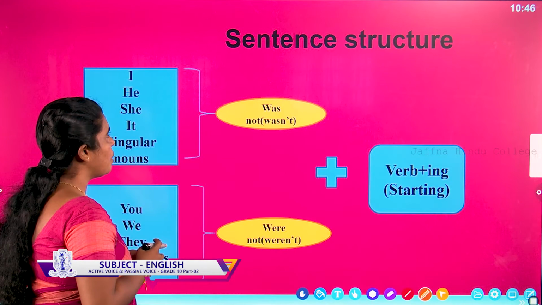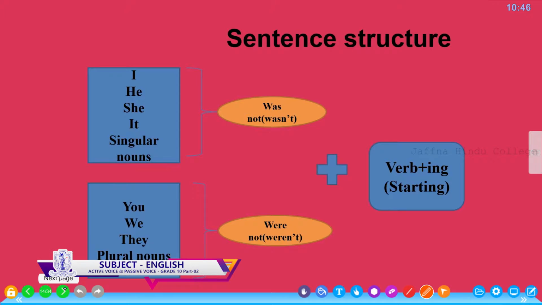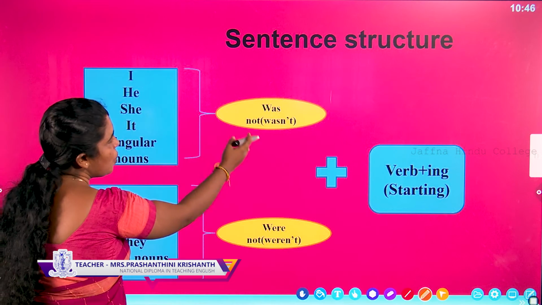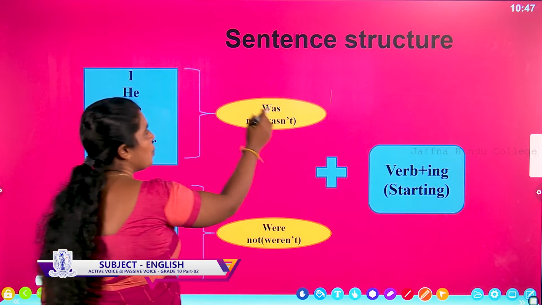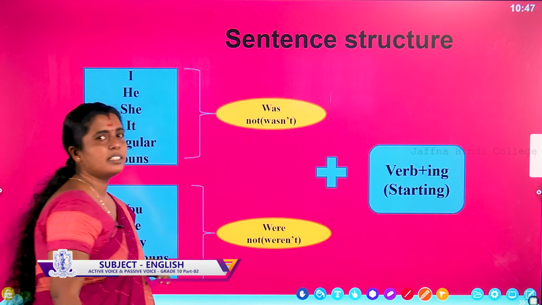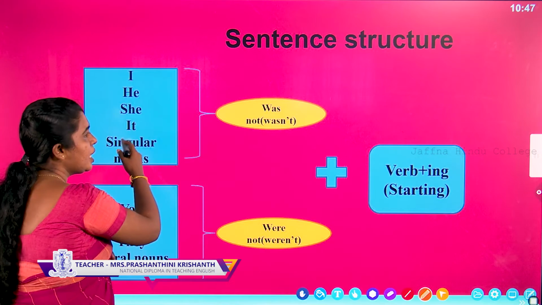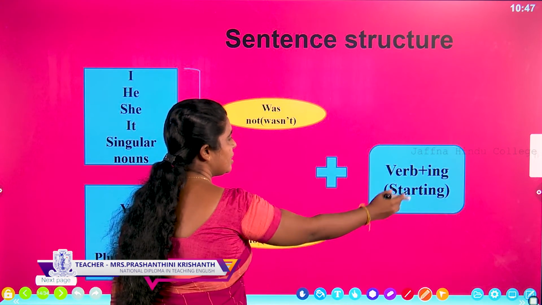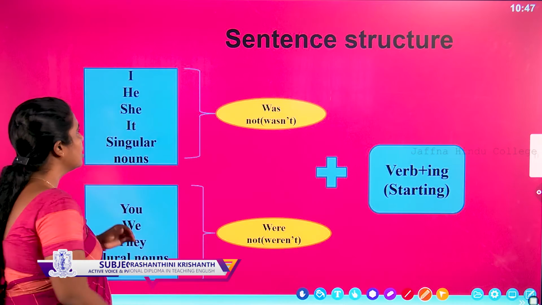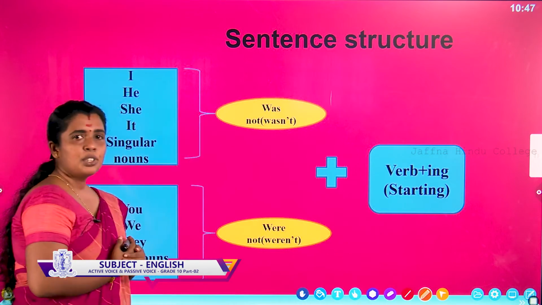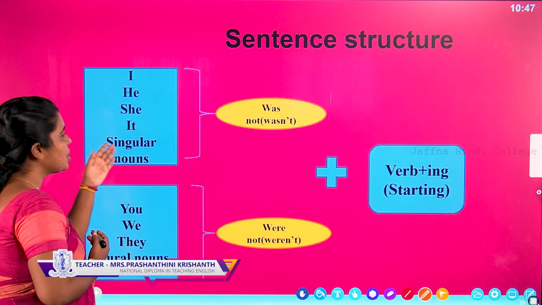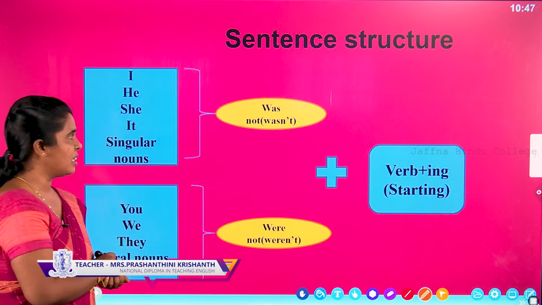Okay, the next one, the sentence structure. Right? See here, see this pattern, you can easily learn through this structure. See here, I was not starting, right? I wasn't starting the game. He wasn't starting the match. She wasn't starting to play. It wasn't starting.